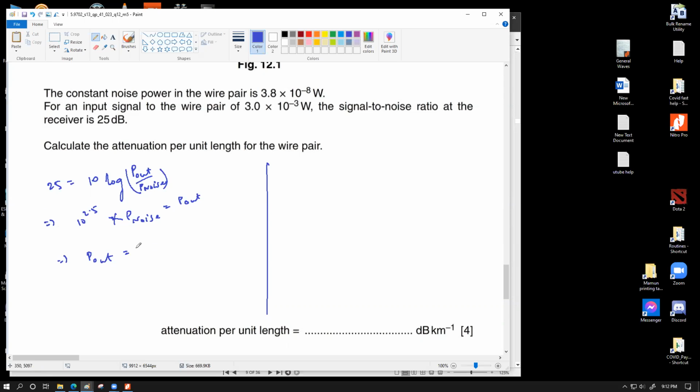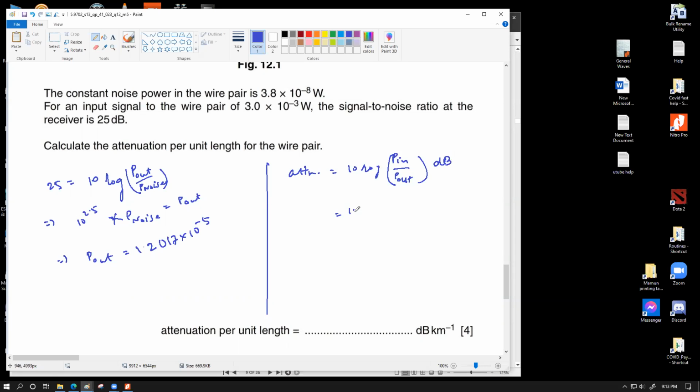I'm getting 1.2017 10 to the power minus 5, and then attenuation equals 10 log P in by P out decibel.